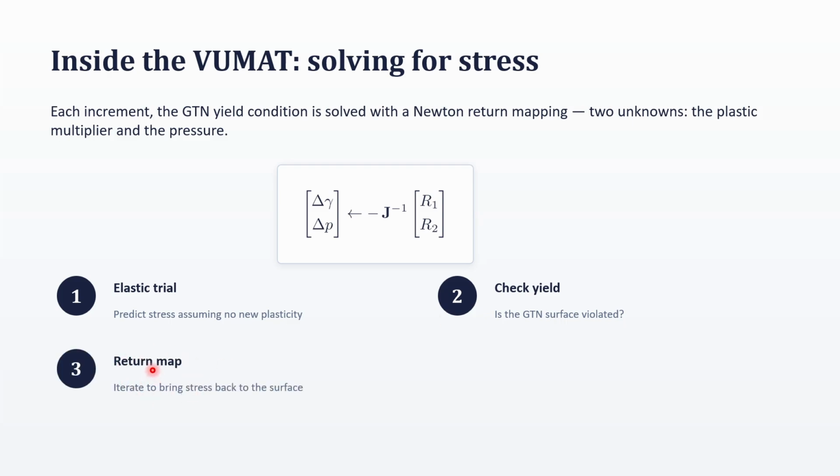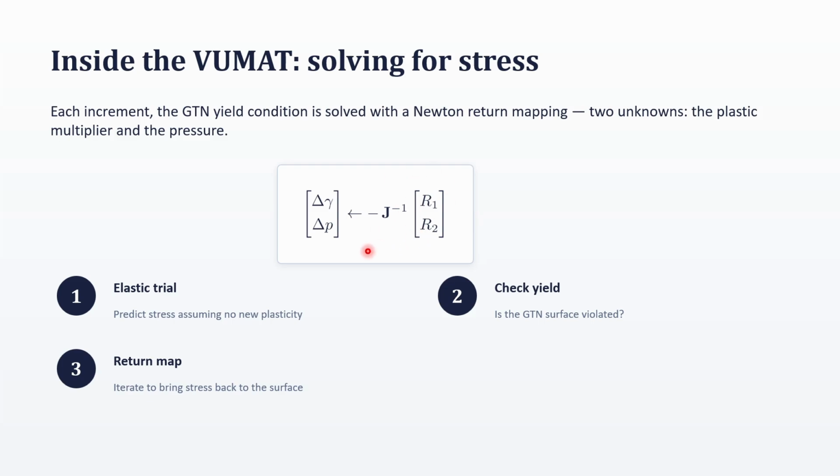So that is when you use the return map, this Newton return mapping. We iterate to bring stress back to the surface. Essentially phi should always equal 0 in order to get a critical condition of plasticity. So when phi is greater than 0, we use this Newton mapping in order to bring that phi from greater than 0 to equal to 0.